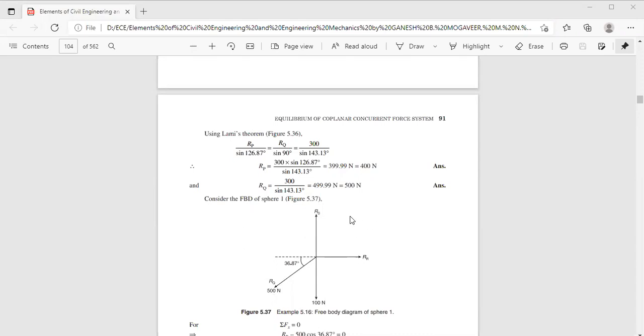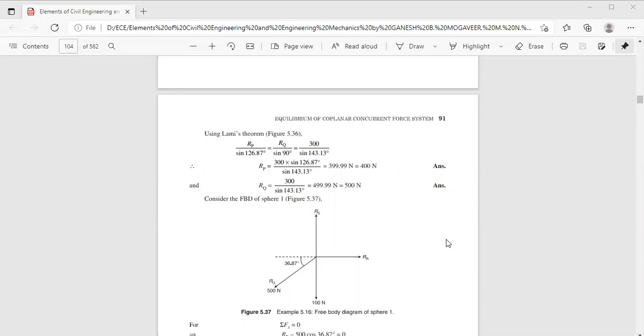First, sigma Fy equals 0, that is RS minus 500 sine 36.87 minus 100 equals 0. Hence RS equals 100 plus 500 sine 36.87.